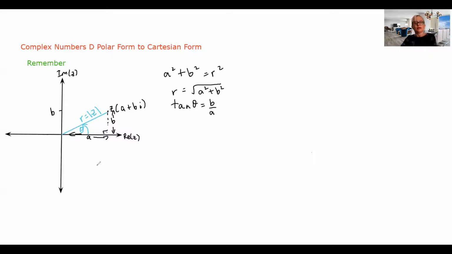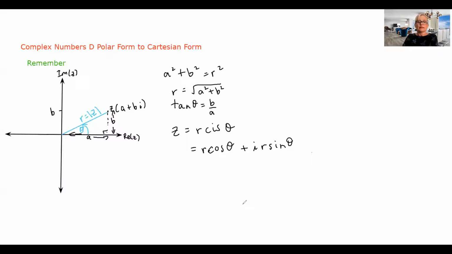Okay, let's go back and I'll show you how to get from our r cis theta back into our a plus bi. So we said that z is our r cis theta, and that means r cos theta plus i times r sine theta.